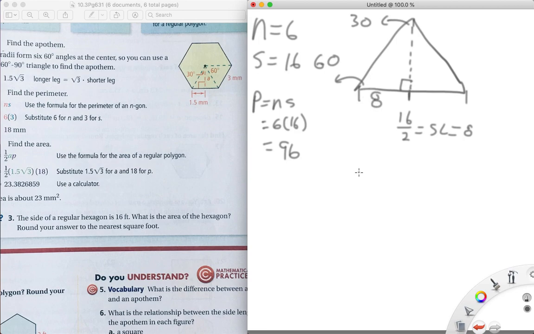Since this is a 30, 60, 90, I can find the longer leg, which is also my apothem, by multiplying 8 times the square root of 3. Because the longer leg is equal to the shorter leg times the square root of 3. So the apothem is 8 times the square root of 3.